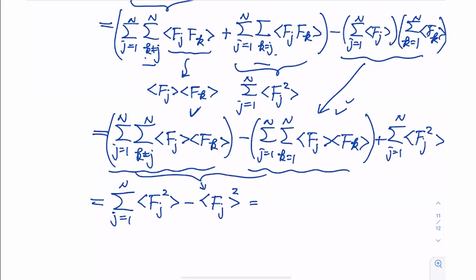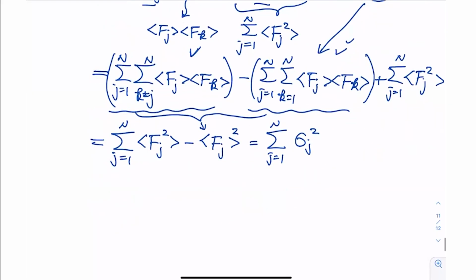And this is just the summation over the variances of these random variables. Again, if we assume that these random variables are generated from the same physical system, that means these sigma j's should be equal to each other.